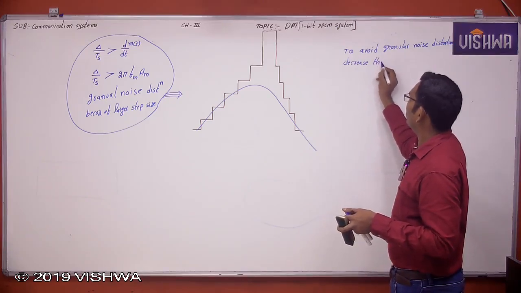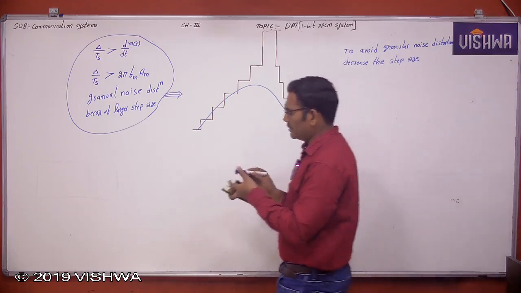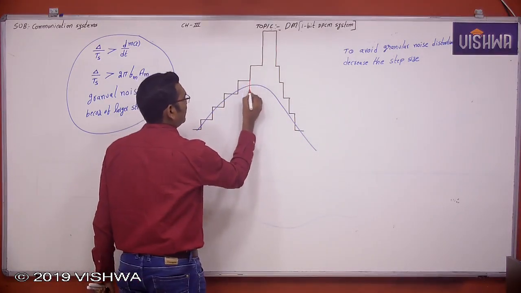To avoid granular noise distortion, decrease the step size. To avoid this granular noise distortion, the step size should be decreased.